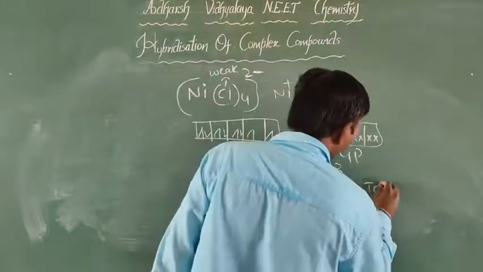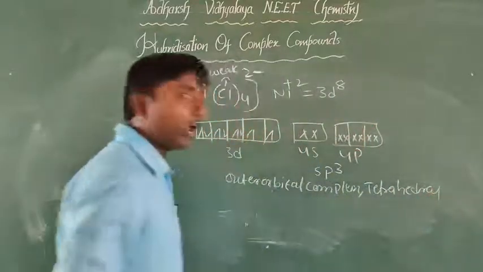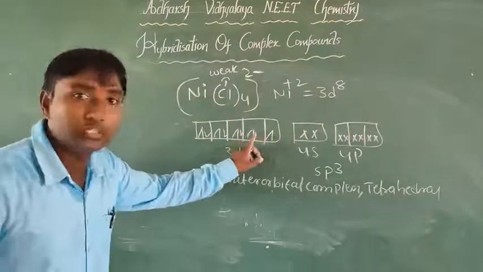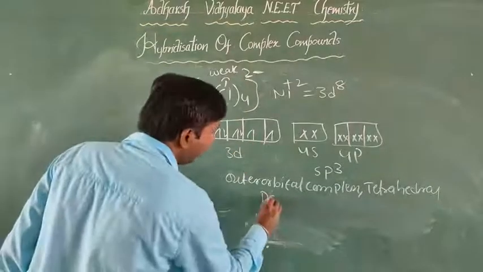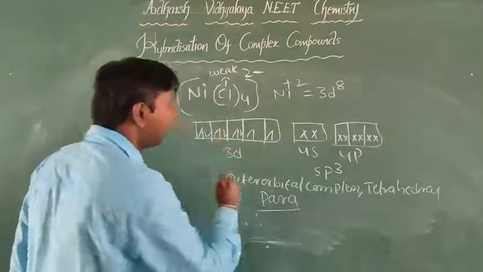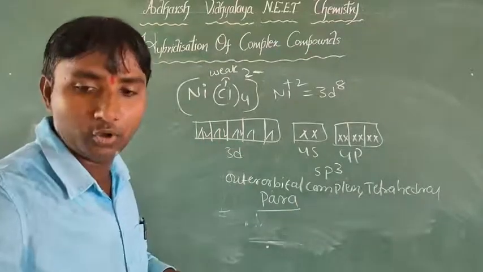Tetrahedral. Next, here unpaired electrons are present. In 3d, 2 unpaired electrons are present. That's why it shows paramagnetism. This is about NiCl4.